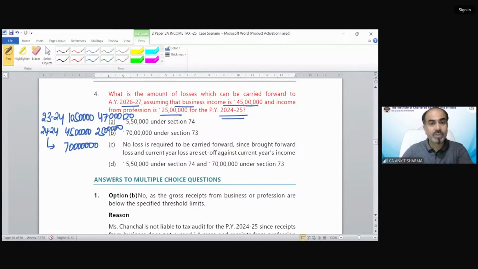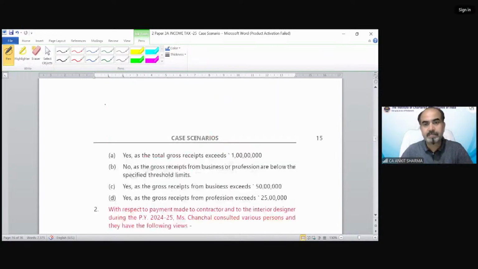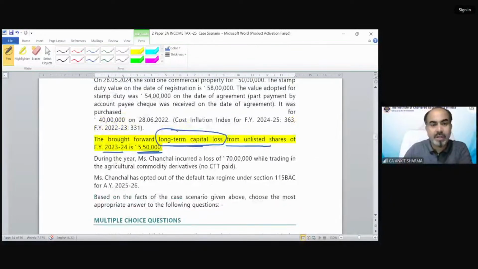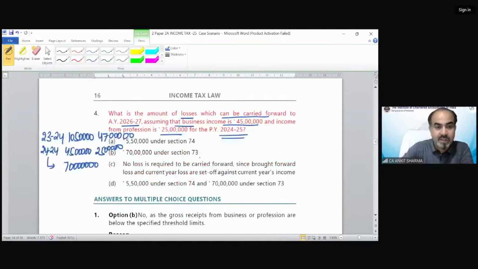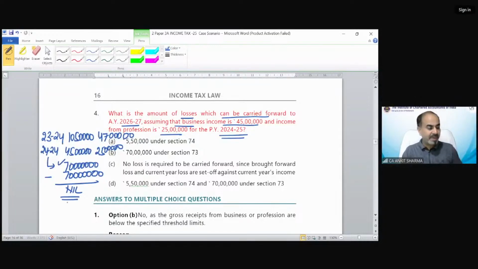And the business losses during the current year, Chanchal incurred a loss of 70 lakh rupees while trading in agricultural commodity derivatives. So the loss is 70 lakh rupees from the derivative that does not fall under speculative business. So this loss of 70 lakh, which is due to the derivative of agricultural commodities, can be set off out of the business income of the current year. So there would not be any business income remaining over here.